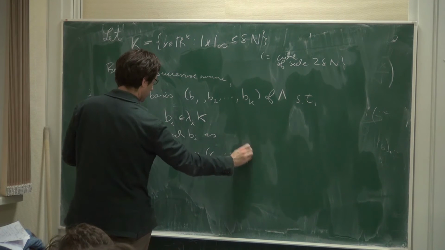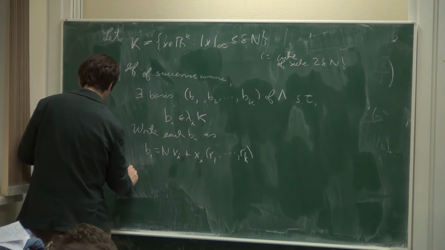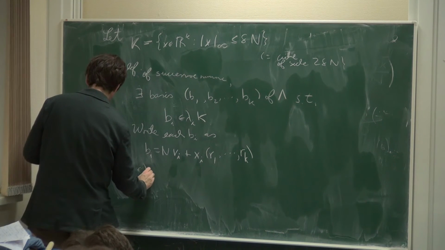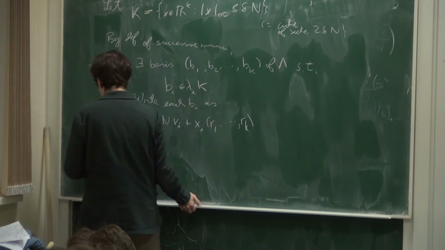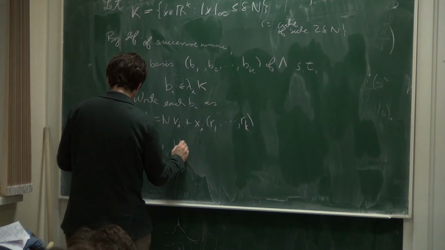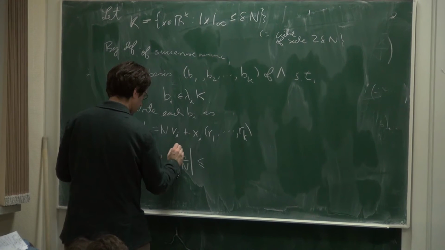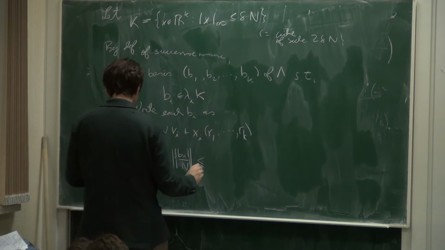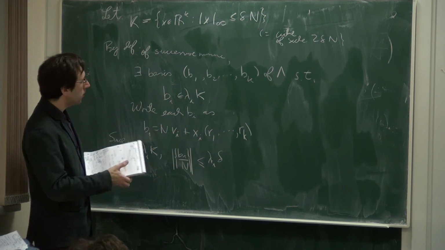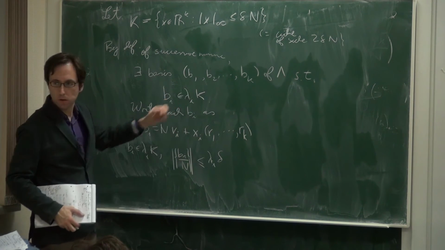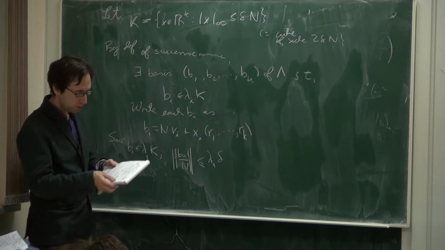So all of these are elements of Z. Since bi is in lambda_i K, we have that, of course, bi divided by n, the fractional part, is at most lambda_i delta, just by definition of what K is. So bi divided by n has to be close to the origin.